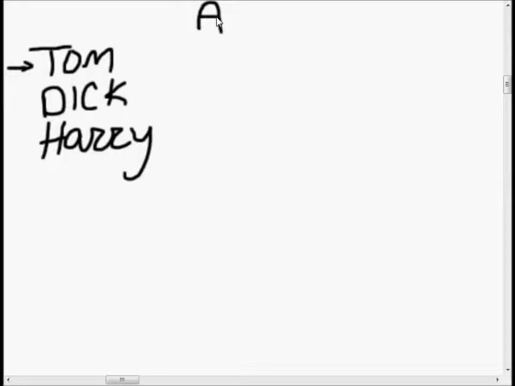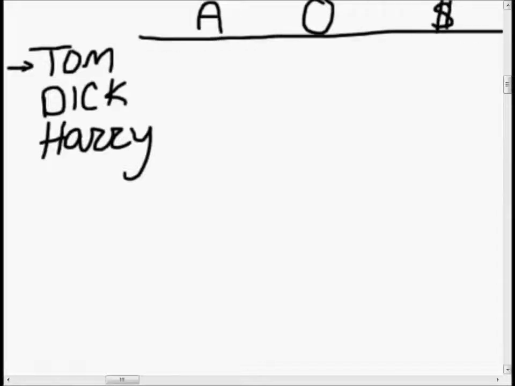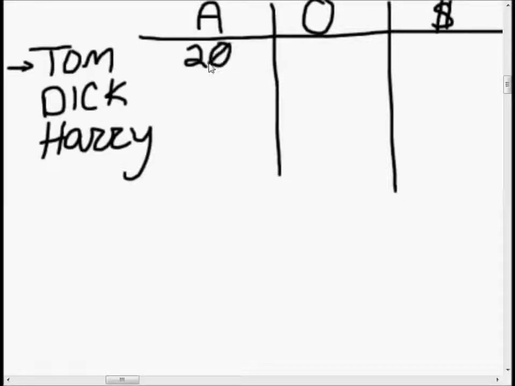And we have apples. So we know they bought some apples. We know they bought some oranges. And we know how much they paid. So if you'll notice, the first thing I'm doing, I'm making a chart. This is often the easiest way to get all your information out there in an easy way to do it. So Tom bought 20 apples, and I'm going to make my zeros with the slash through it so we don't get confused with zeros and O's. 20 oranges, and he paid $8.